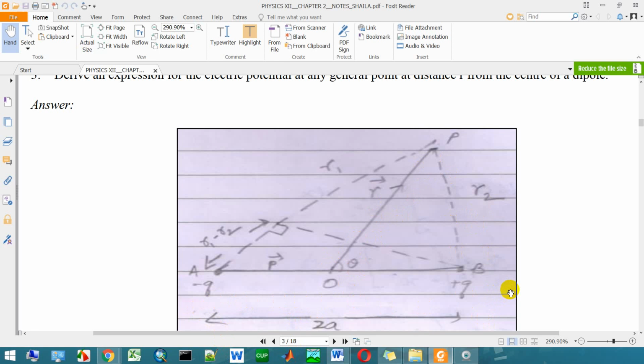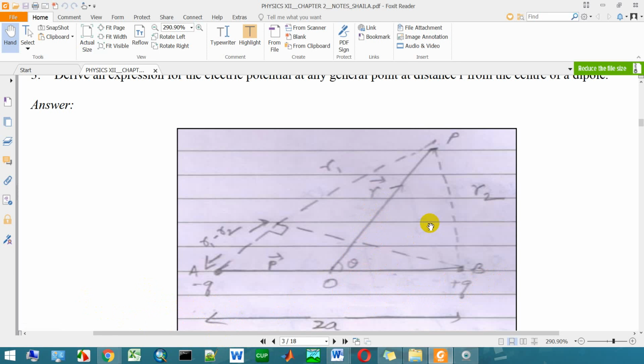Children, it is very important to know the direction of the dipole moment. The direction of the dipole moment is from minus Q to plus Q. So, theta is the angle between vector r and the direction of the dipole moment.